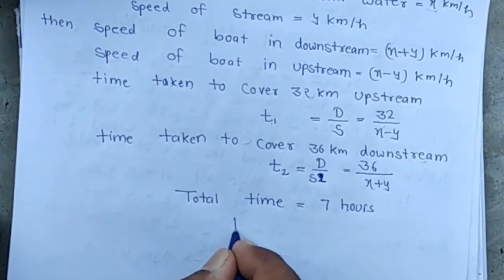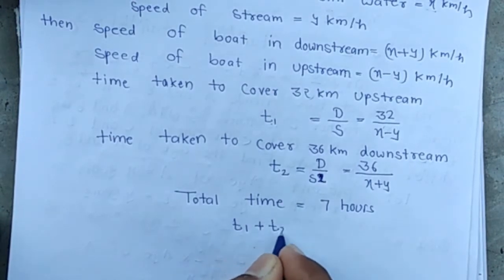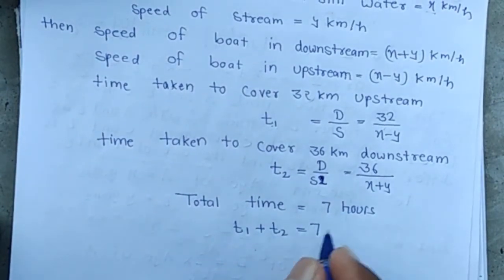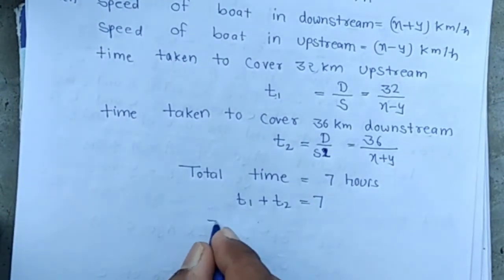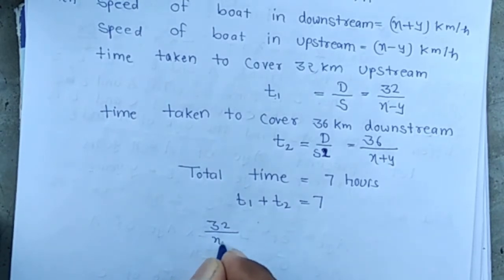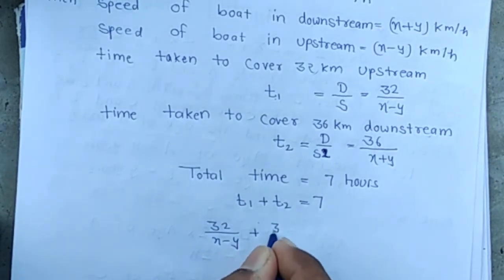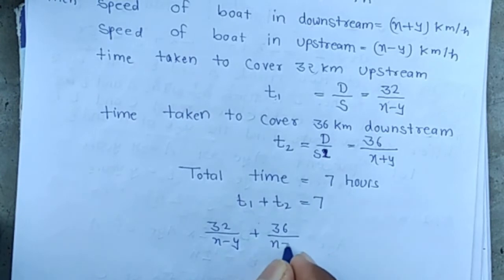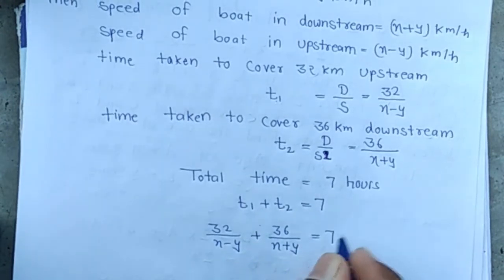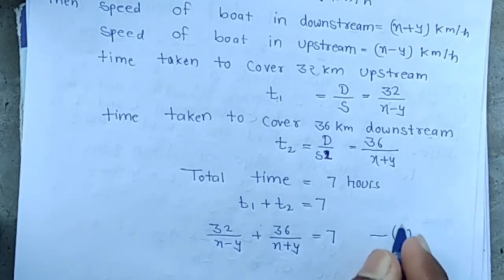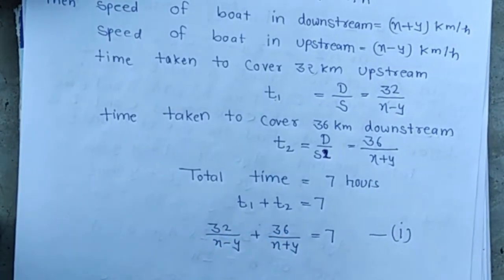Means t1 plus t2 equals 7 hours, and the value of t1 is 32 upon x minus y, t2 is 36 upon x plus y, equals 7 hours. It is our first equation.